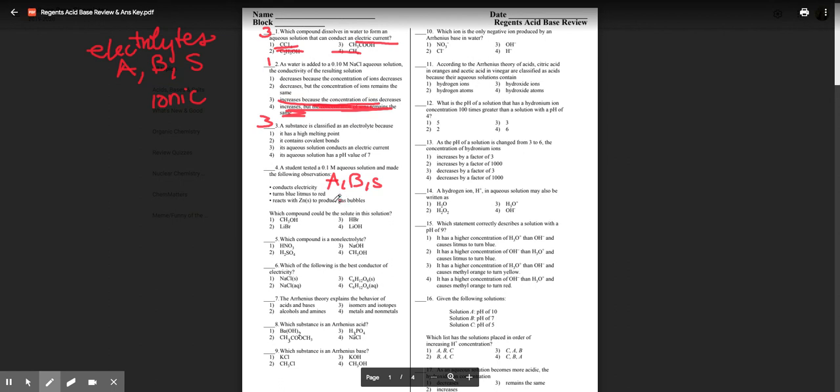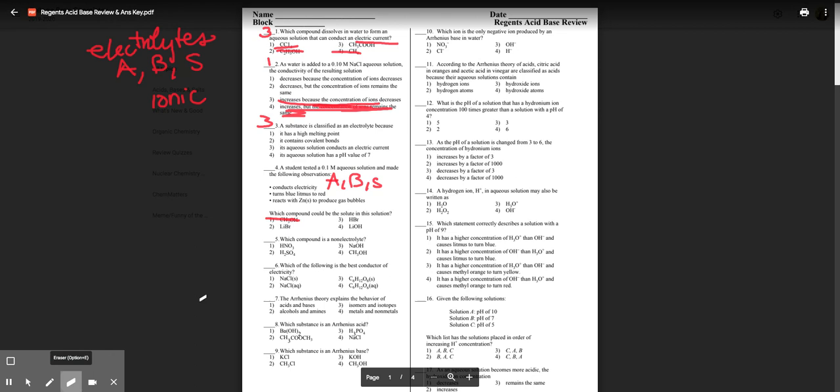So let's wait on those two for a second, and let's take a look. Anything we need is going to be either ionic or on table K or L. So this is not on table K or L. This is ionic, metal and nonmetal, so I'm going to keep that for now. This is not on table K or L, but I know it's an acid because it leads with H+, and it looks like almost all the other ones. And this could be our base, yes.